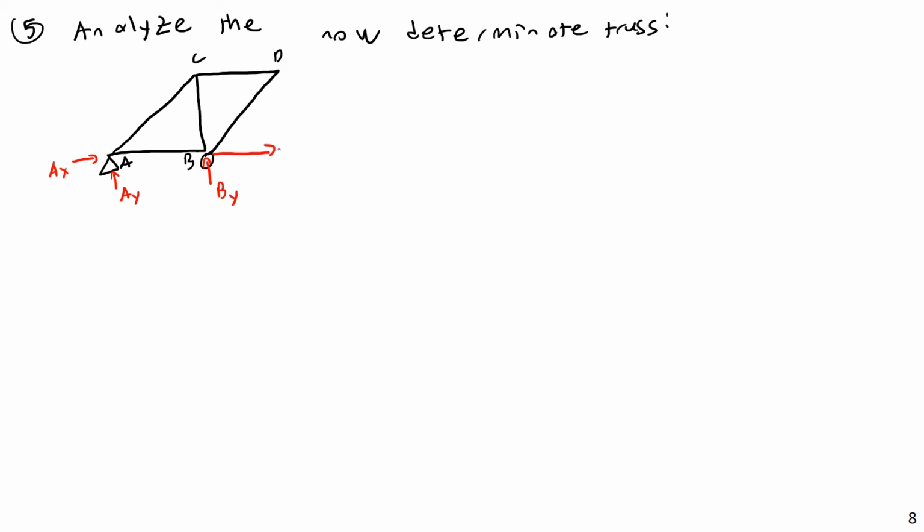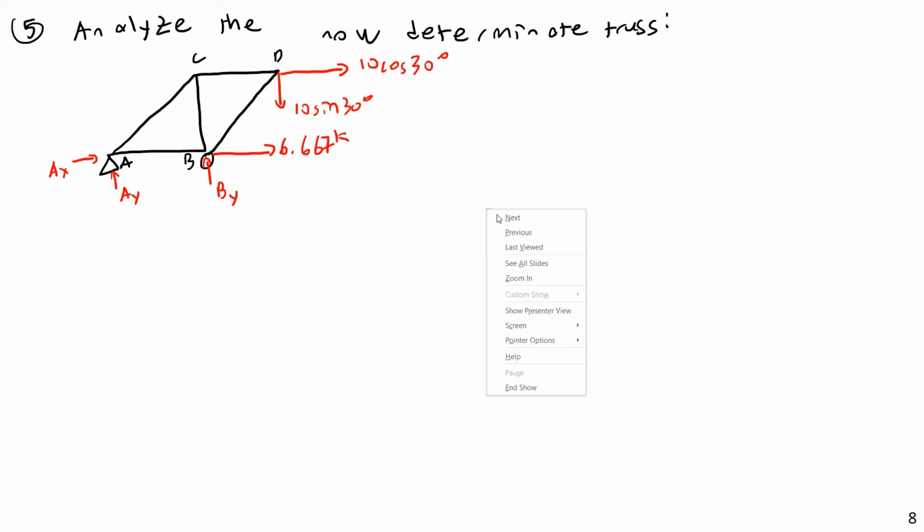So this is going to be 6.667 kips, or 6 2/3 kips. Then I have the real loads, these appear again, 10 sine 30 and 10 cosine 30 and 10 cosine of 30 degrees.